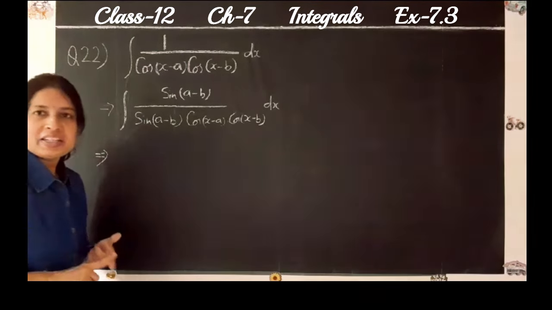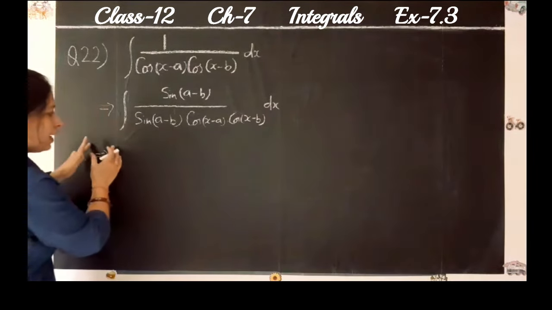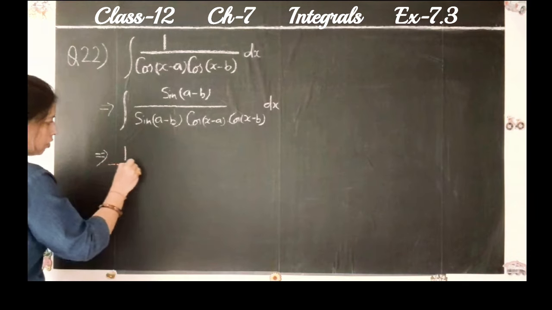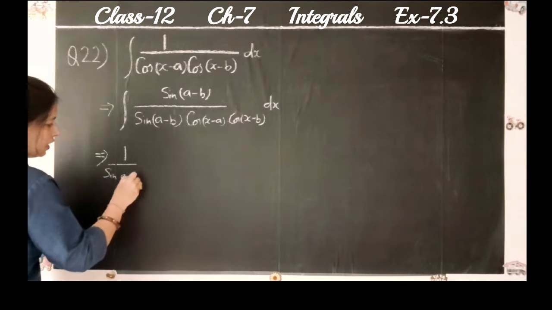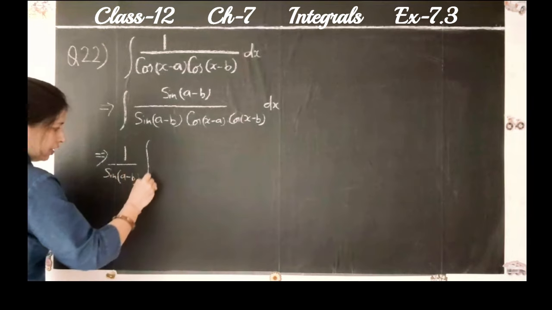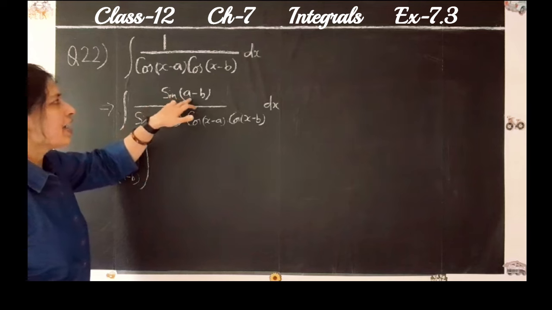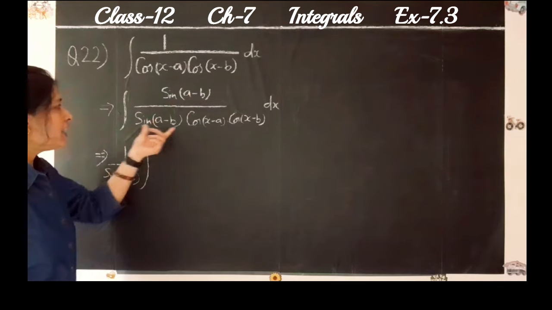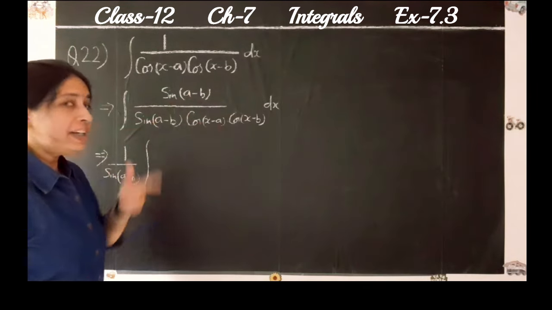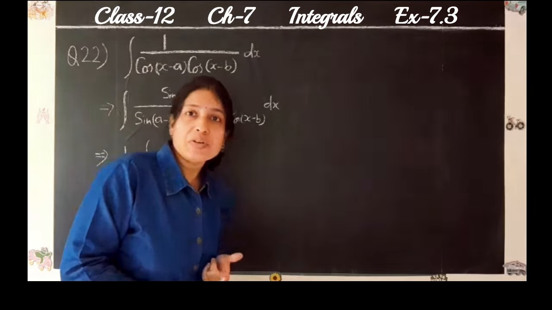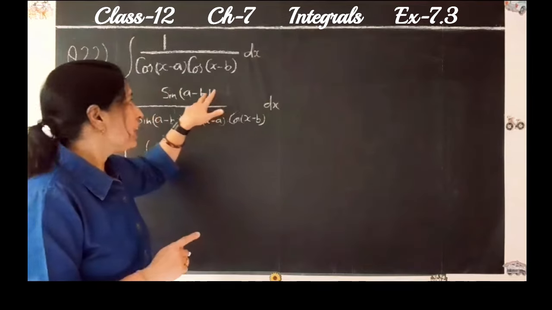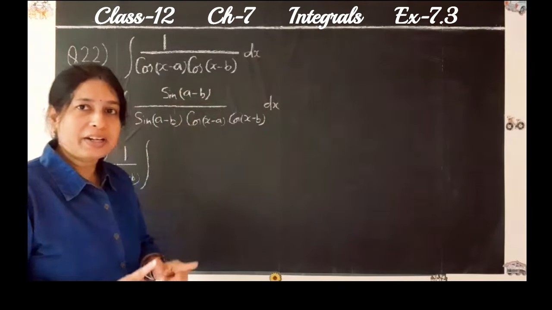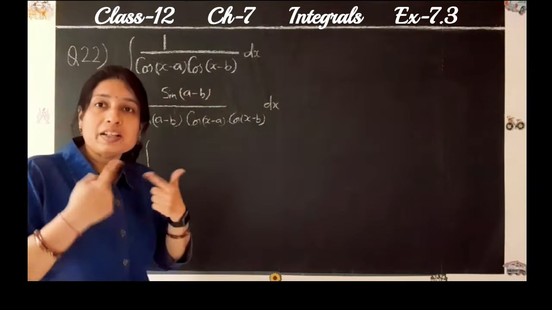Sin a minus b is a constant function, so we can take it out. So write here 1 upon sin a minus b, write here integral. Here it is sin a minus b. And here it is cos x minus a. डिनोमिनेटर में हमें x दिया हुआ है और यहाँ पे हमें x नहीं है, तो x हम क्या करेंगे, यहाँ पे ऐड करेंगे और सब्ट्रैक्ट करेंगे. न्यूमरेटर में भी हमें x चाहिए.